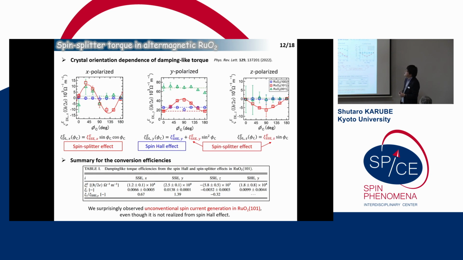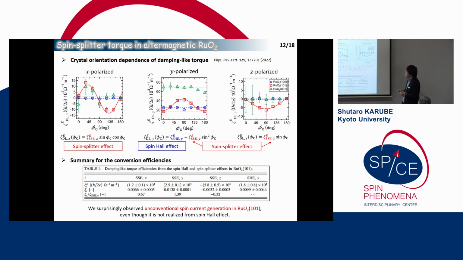This is a summarized data for the several crystal planes and x, y, and z polarized spin components of the damping-like torque as a function of phi_C. Here the phi_C is a relative angle between the applied current direction and the specific crystal orientation.